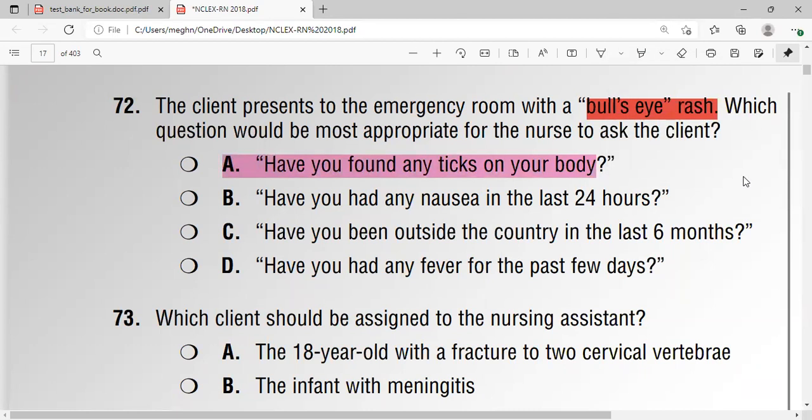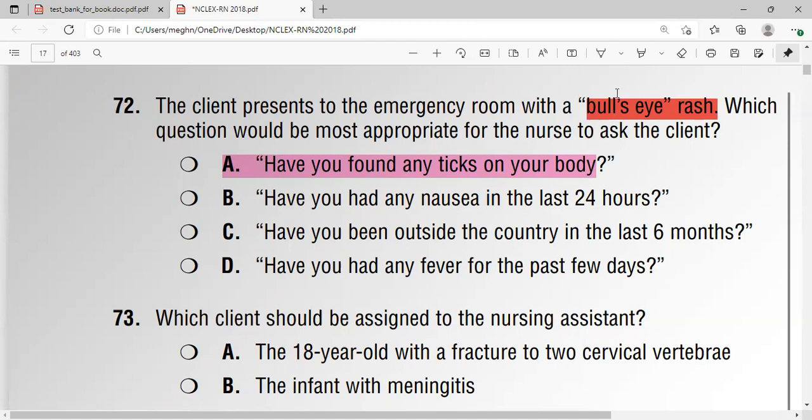Why? Because a bull's eye rash is indicative of Lyme disease. Lyme disease is a disease spread by ticks. The signs and symptoms include elevated temperature, the patient complains of headache, nausea, and the rash.